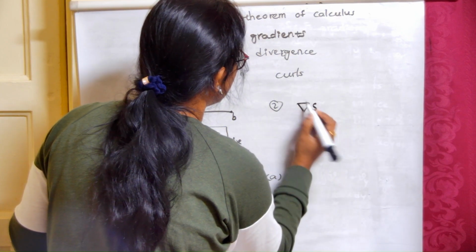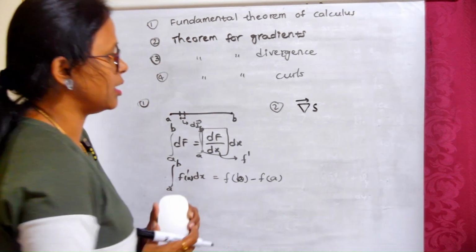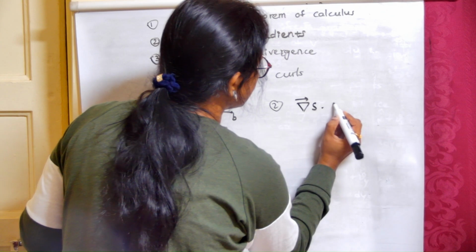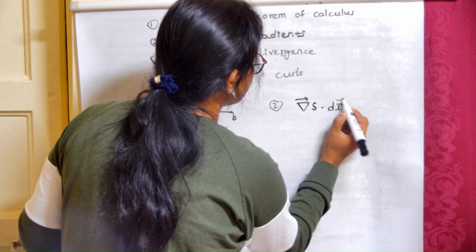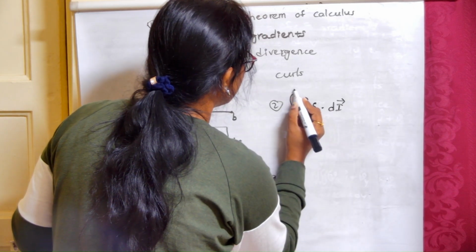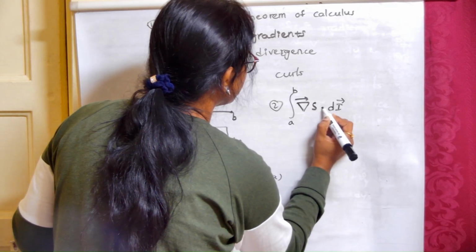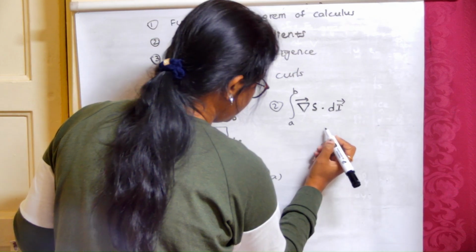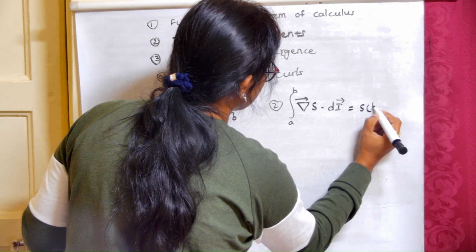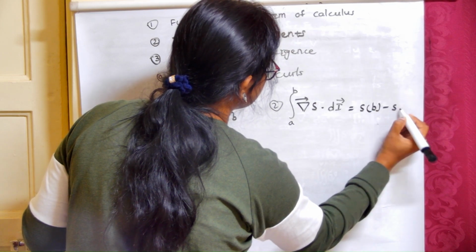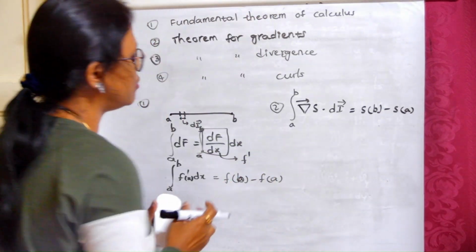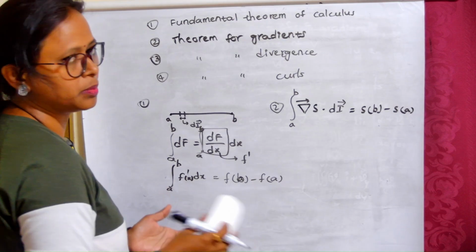Say for example, we have the gradient of a scalar function s, then if we integrate it from point A to B with respect to the infinitesimal displacement, then the value will be the difference between the value of the function at the two endpoints.